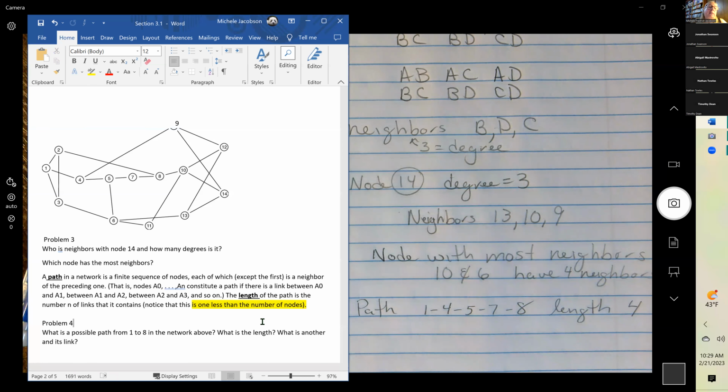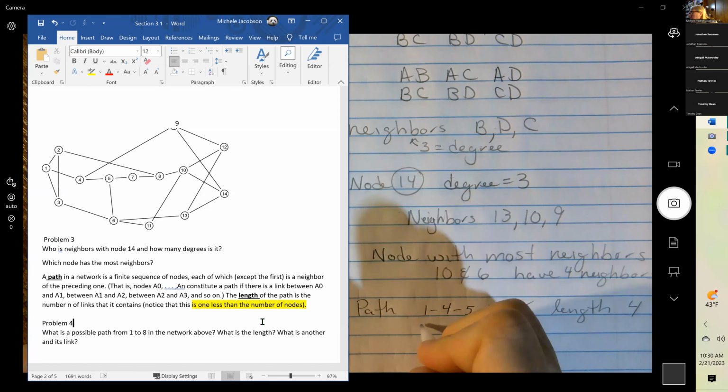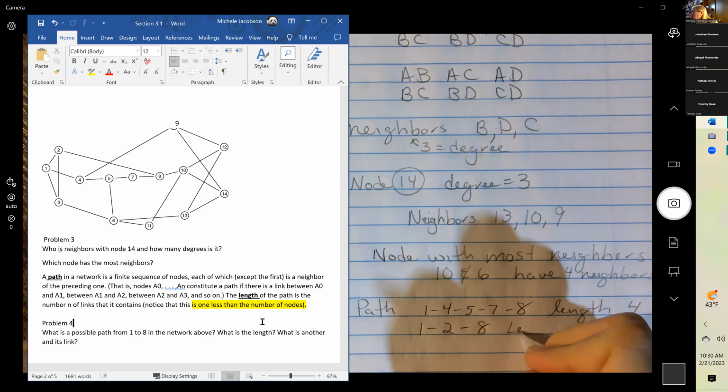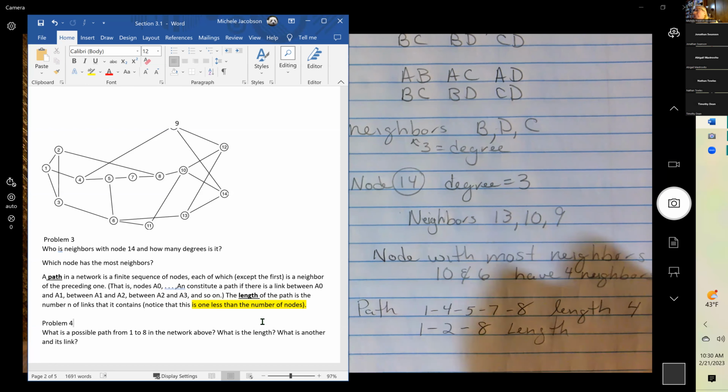Is there another path? There's quite a few. 1, 2, and 8. What's its length? 2. So there's a lot.